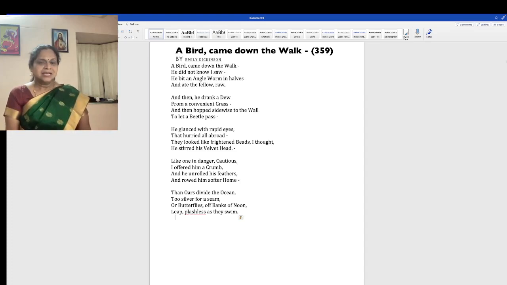Now, it's a bird and it's a predator. Beetle is its prey. If it wanted, it could have just again bit the beetle, divided into halves and eaten it up. But we know that the bird is contented. So it doesn't touch upon the beetle, rather it allows the beetle to pass.